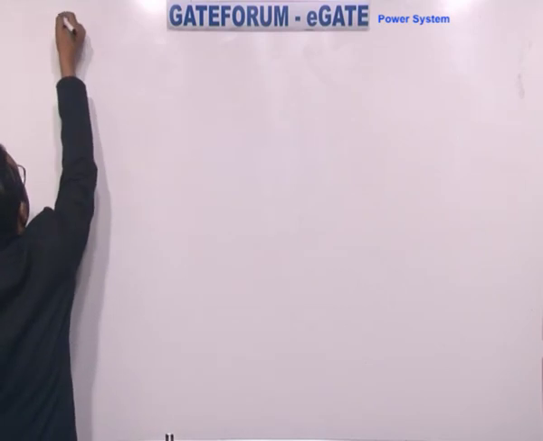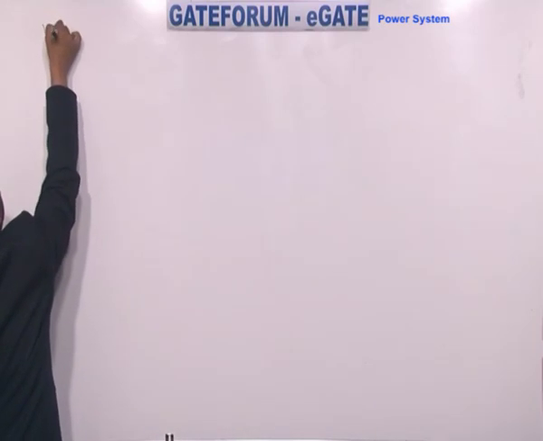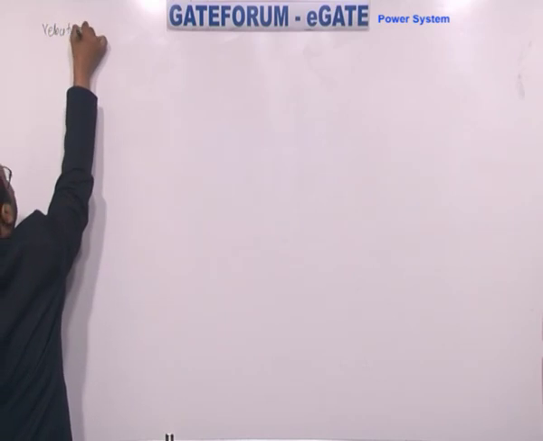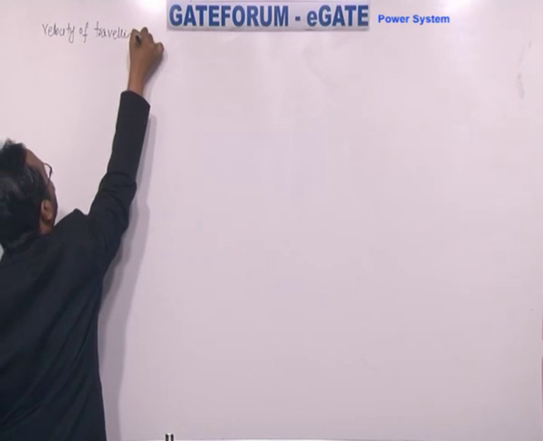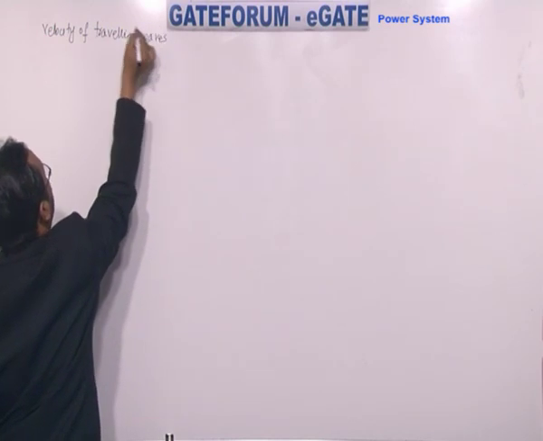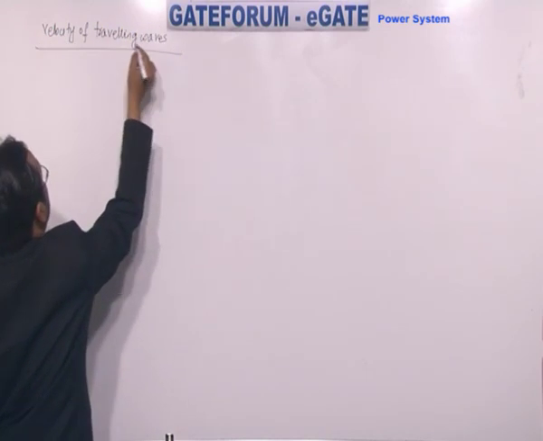So the next topic is velocity of traveling waves. On simplifying, you get the characteristic impedance also further.